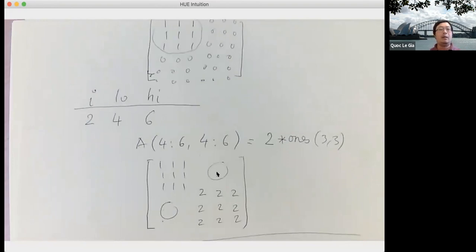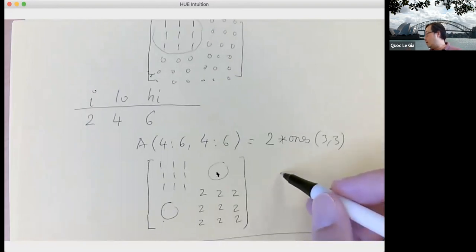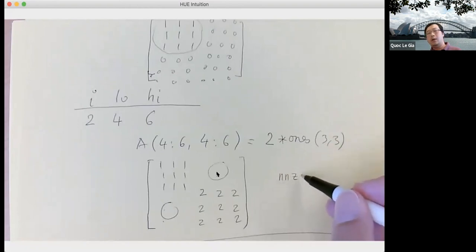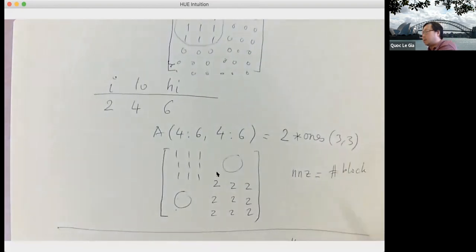That 18 is just the number of blocks times k squared, where k squared is the size of each block.